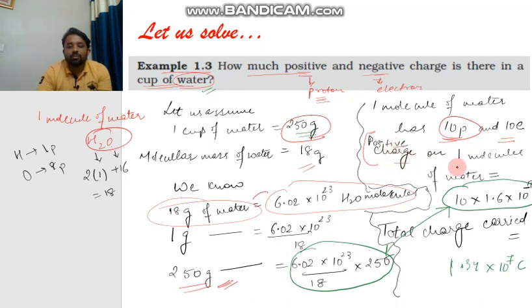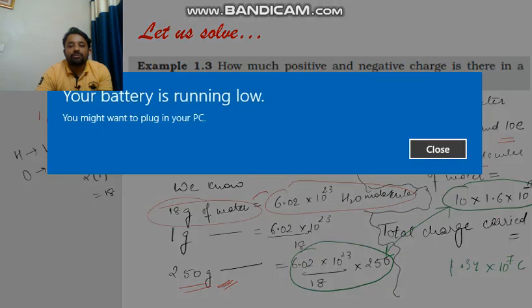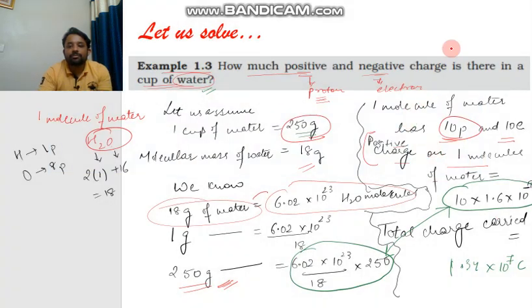The positive charge on one molecule of water, since one molecule contains 10 protons, will be 10 multiplied by 1.6 into 10 power minus 19, where 1.6 into 10 power minus 19 is the value of charge carried by a proton. So this is the total charge on one molecule, and this is the total number of molecules. Multiplying both of them, we get the total charge in a cup of water.